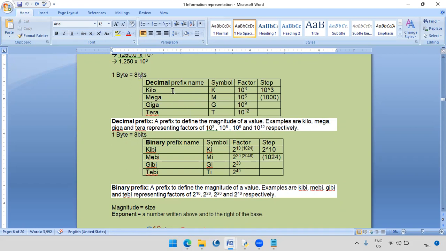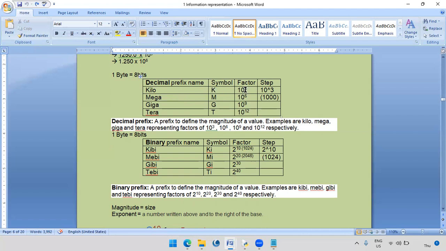So here, this is the decimal prefix name, it's kilo. The symbol is K and the factor is 10 to the power 3. And each step is 10 to the power 3. We are going down, that's why you get 10 to the power 3, 10 to the power 6, 9, 12. Each step is 10 to the power 3. So to go to mega, it is 10 to the power 6 bytes.